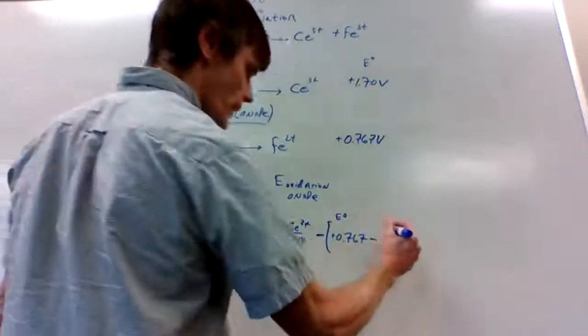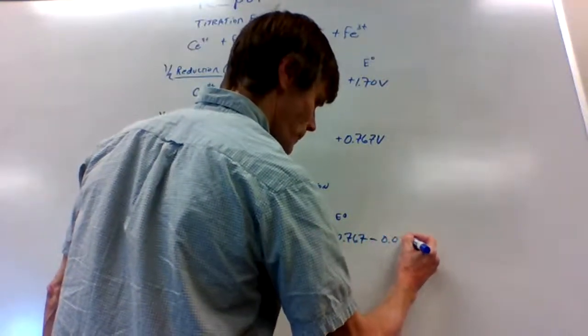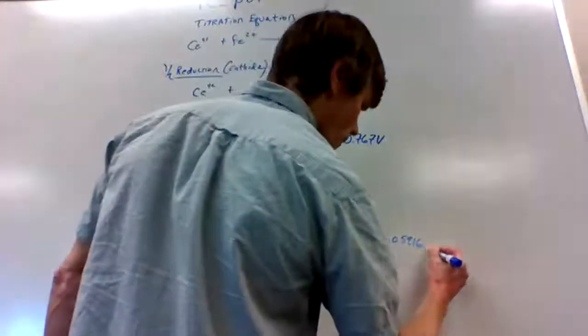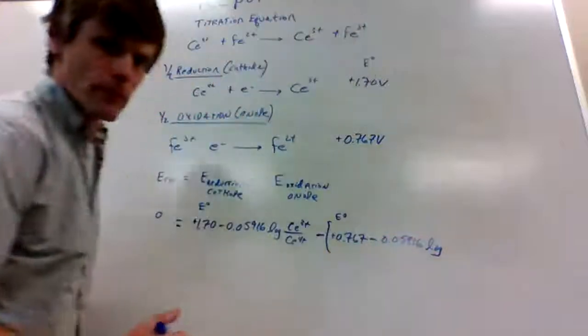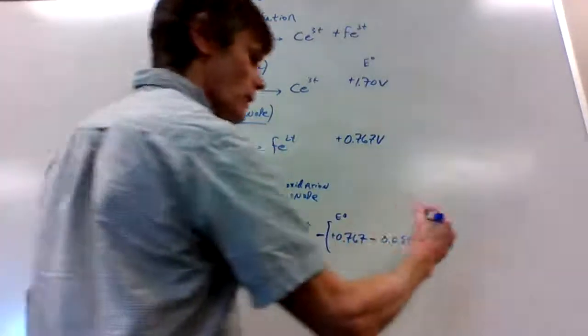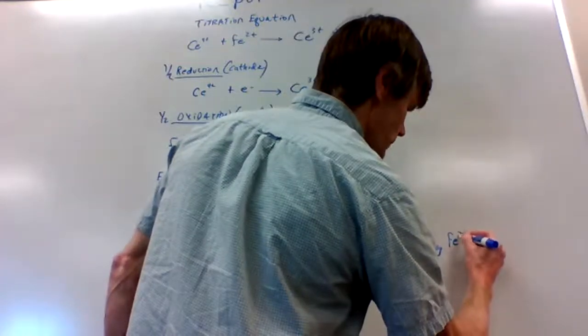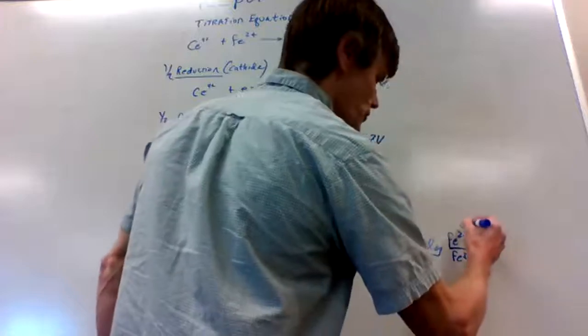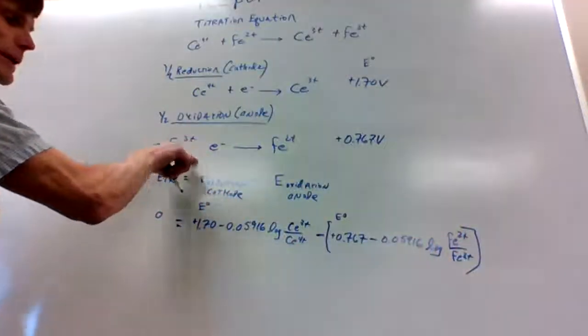Minus 0.05916 times the log of iron 2 divided by iron 3. Remember, we write this as a reduction reaction, the way we have it written here.